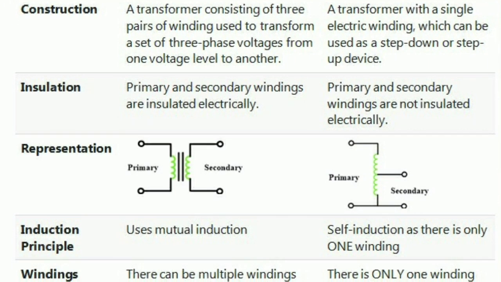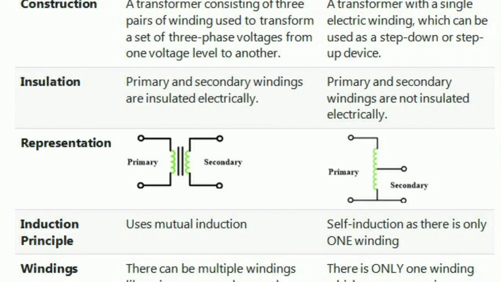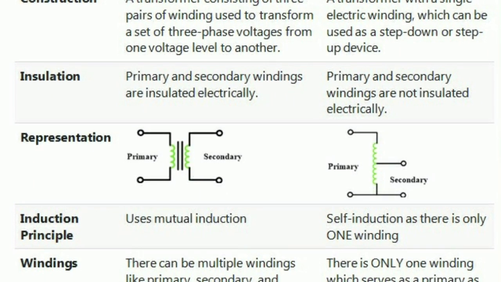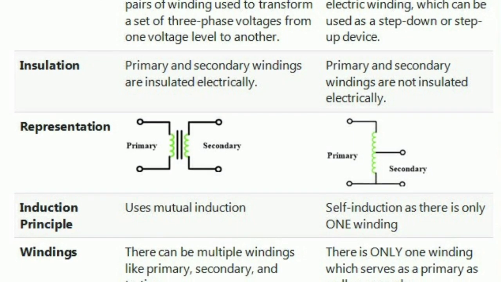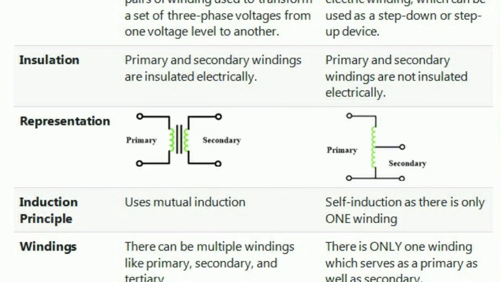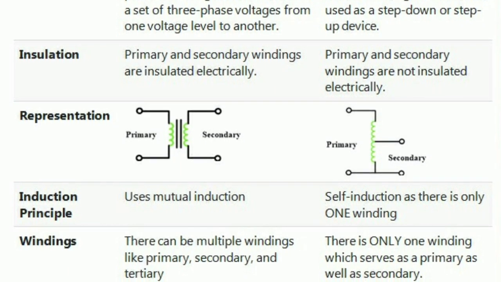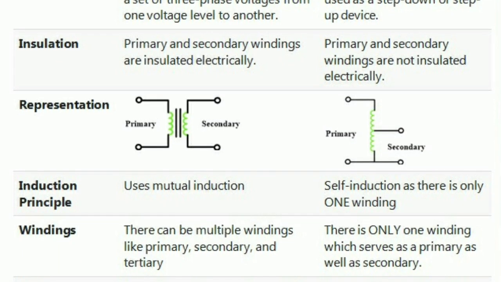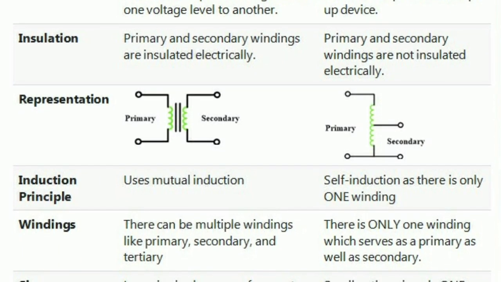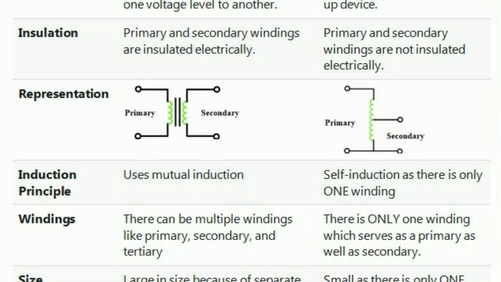And representation you will also know. Primary winding and secondary winding are represented with windings and an isolated core, whereas in an auto transformer there is only one winding. And from the induction principle point of view, for two winding it is the mutual induction principle, whereas in an auto transformer it is self-induced, because only one winding means it is self-induced.